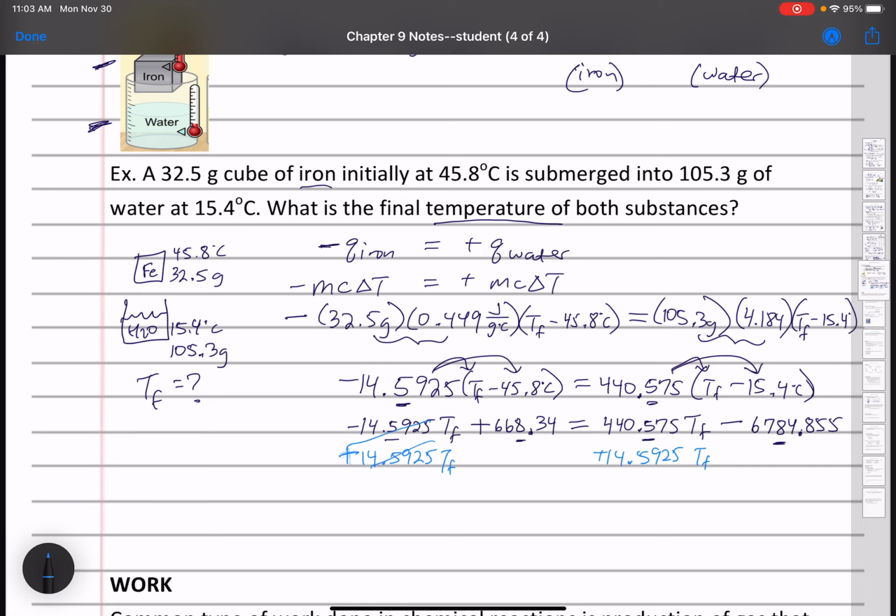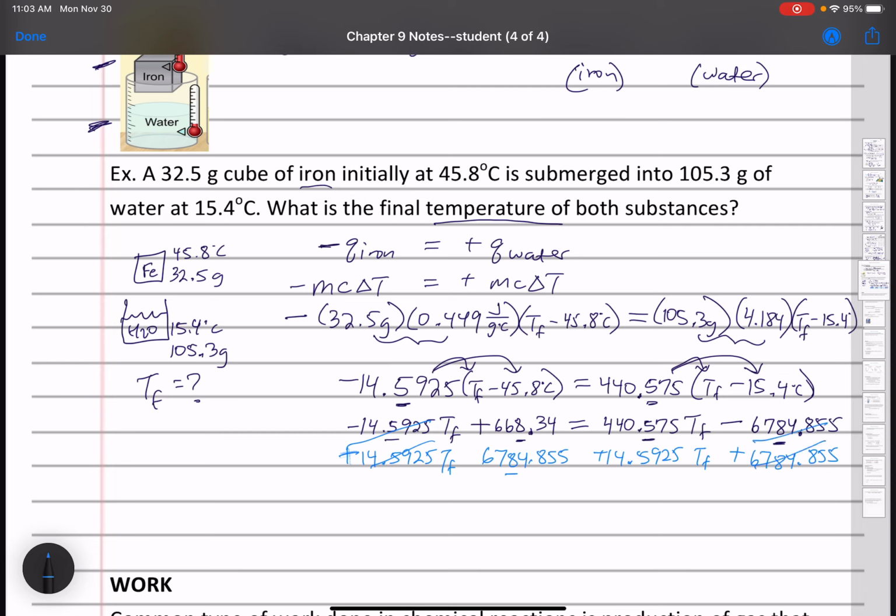And I'm going to add 6,784.855 to both sides, and that'll cancel out this side.